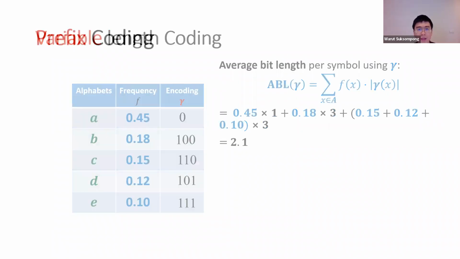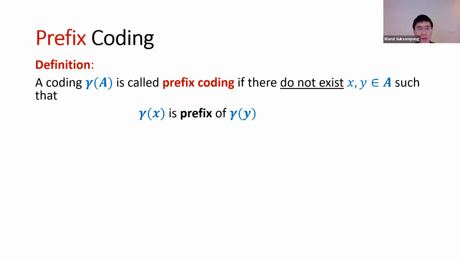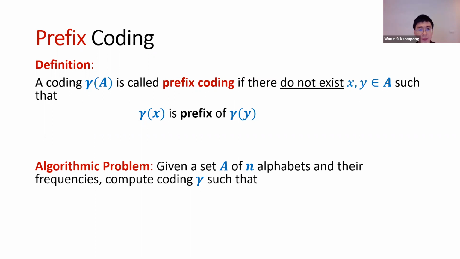So that brings us to the idea of prefix coding. A coding, let's call it gamma, of the alphabet A is called a prefix coding if there do not exist letters X, Y in A such that the encoding of one letter X is a prefix of the encoding of the other letter Y. That's the property that we want in our encoding.